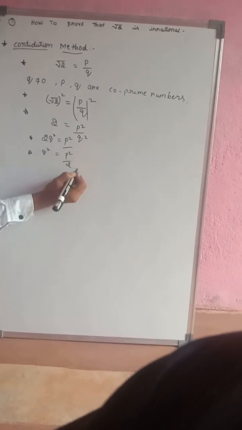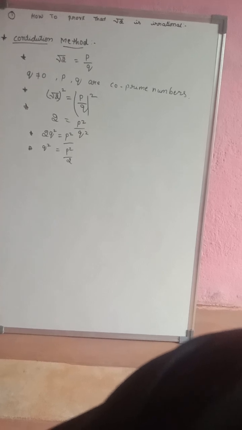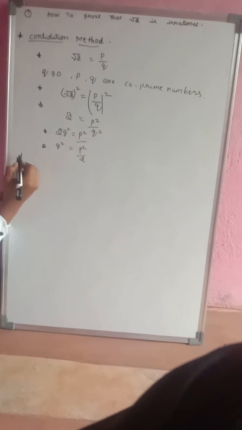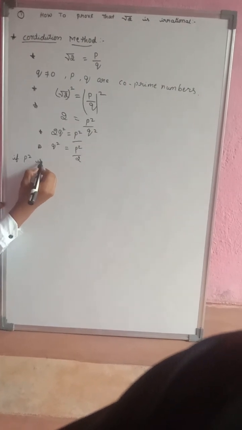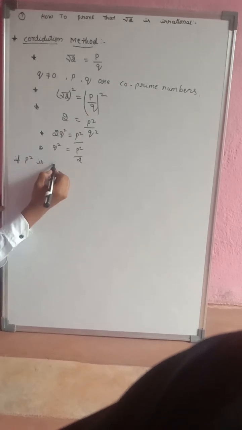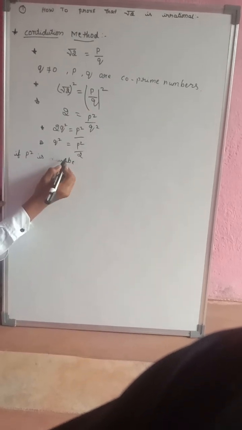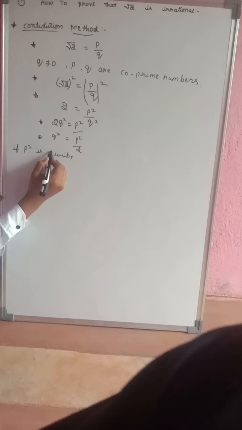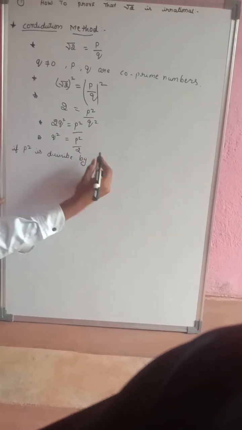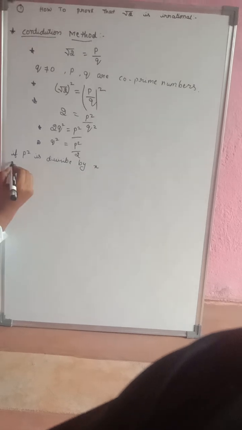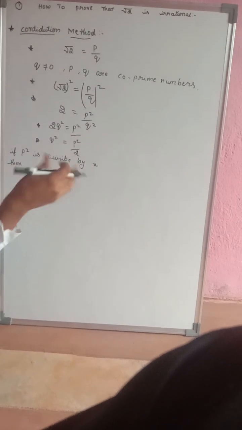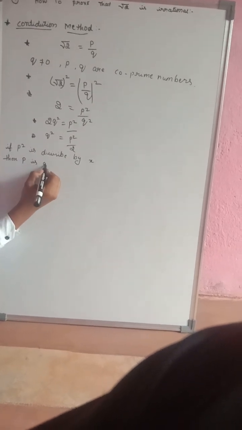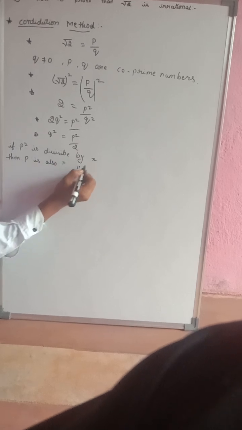Now we have to use one mathematical theorem: if p square is divisible by x, where x is any integer, then p is also divisible by x.